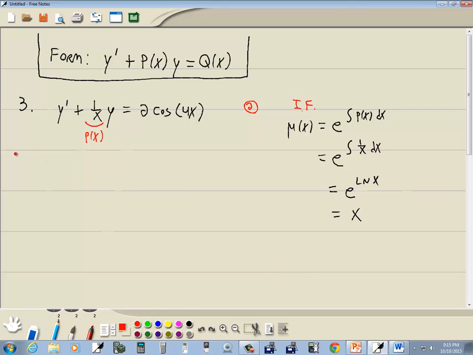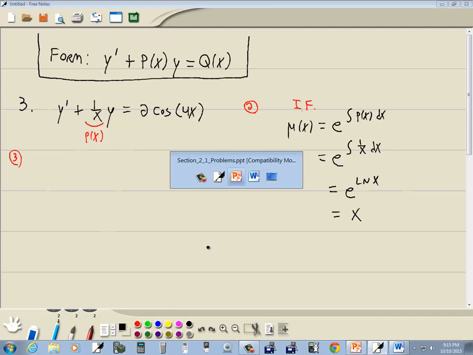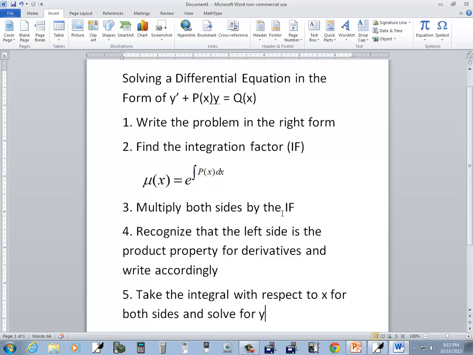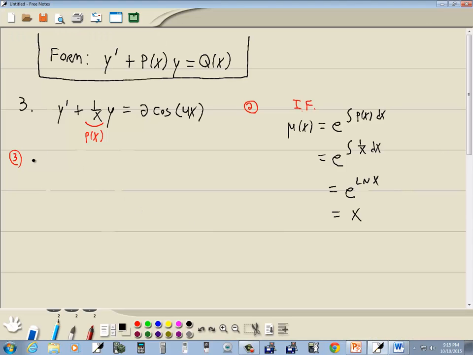Okay, step 3. We want to multiply both sides by the integration factor. So multiply both sides by x. So x times y prime plus 1 over x y equals x times 2 cosine 4x.